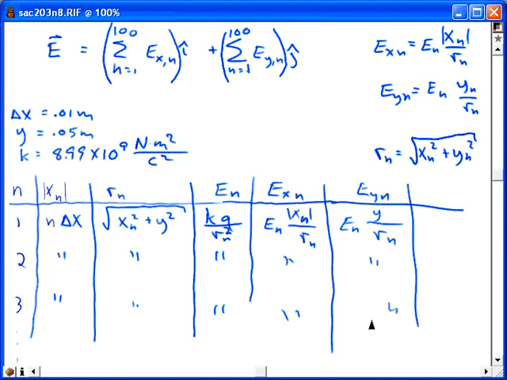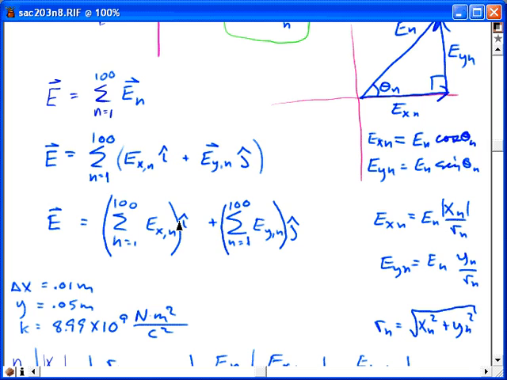Okay, I think what I'll do then is get a table in a spreadsheet that's going to have 100 values of E x n, 100 values of E y n. I just have to add these up, and I'll have the x component of E. I can interpret this as E x total, the total x component times i plus total y component times j.